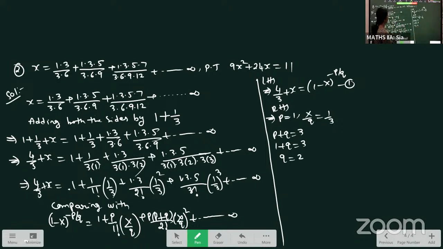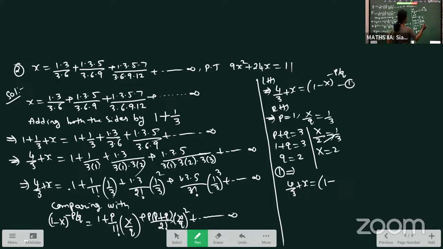Now go to the question. Go to equation 1: 4 by 3 plus x is equal to 1 minus capital X to the power minus p by q. What is the capital X value? X by q, where q is 2, is 1 by 3. Cross multiply. So capital X value we got as 2 by 3. Substitute here: 1 minus 2 by 3 to the power minus 1 by 2.